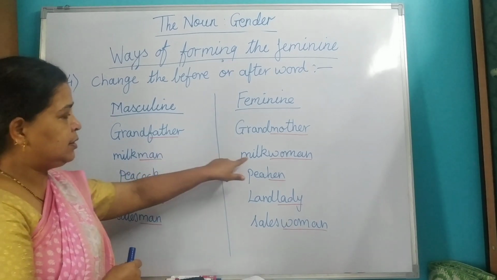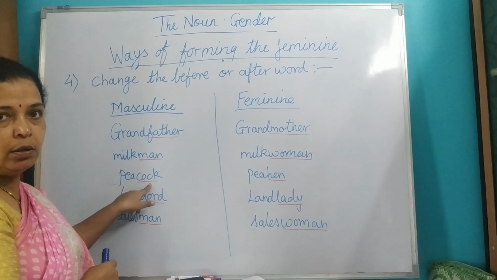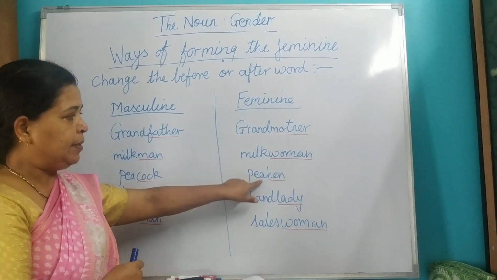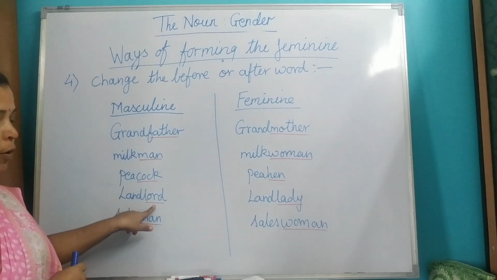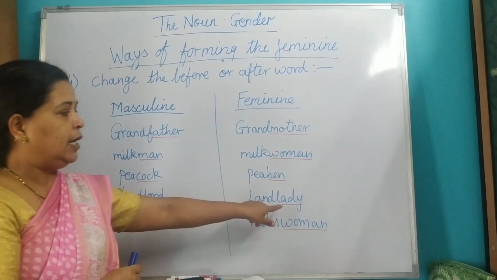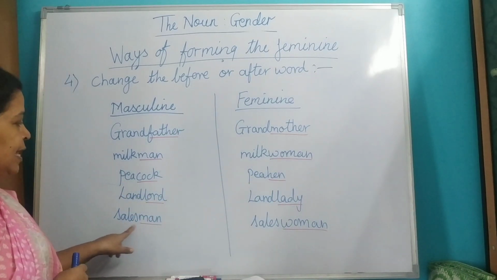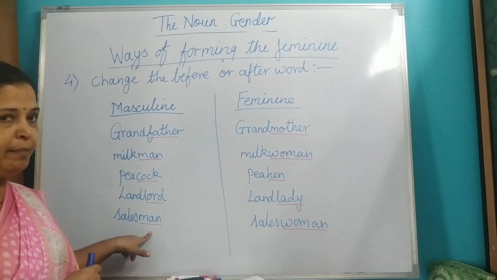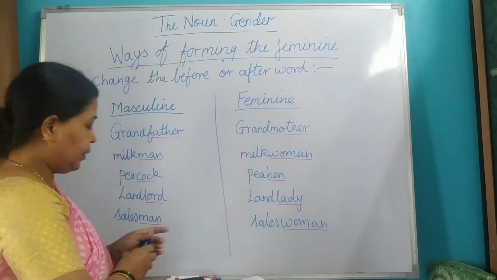The feminine is milkwoman. Then peacock, feminine is peahen. Then landlord. Lord becomes lady, landlady. And the last one, salesman. The feminine noun is saleswoman.